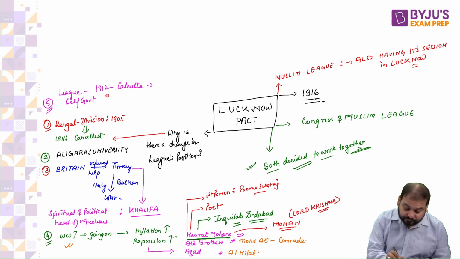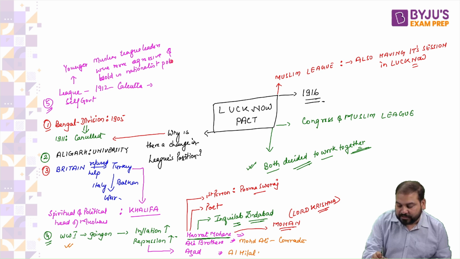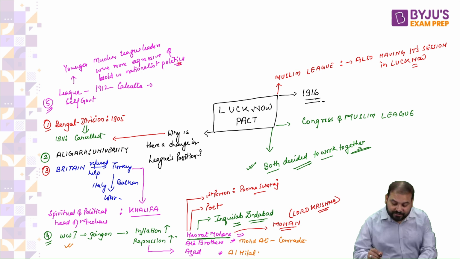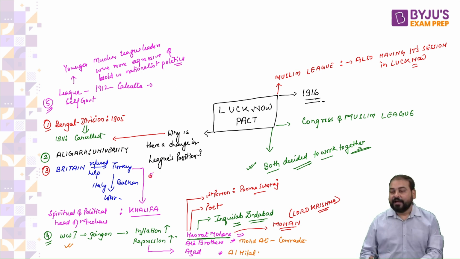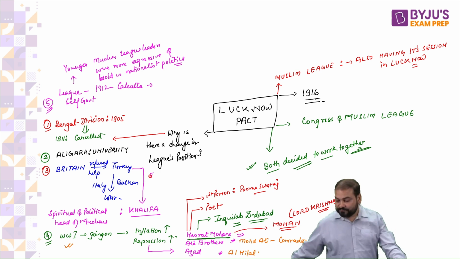And the younger Muslim League leaders were more aggressive and bold in nationalistic politics. And that's why there is a change in stance when it comes to the League, and the League is demanding all of these. Am I correct?